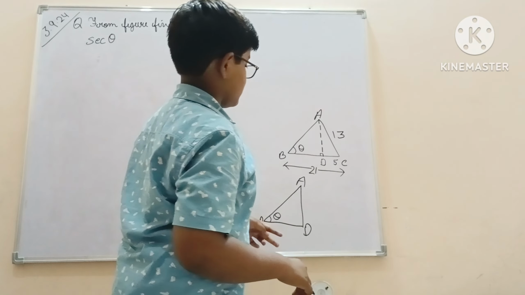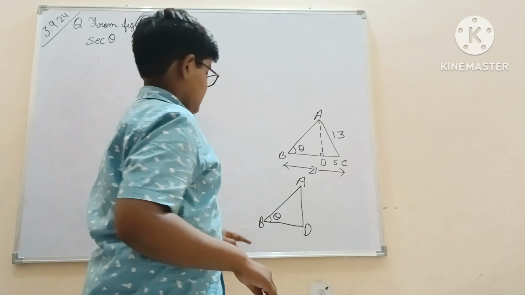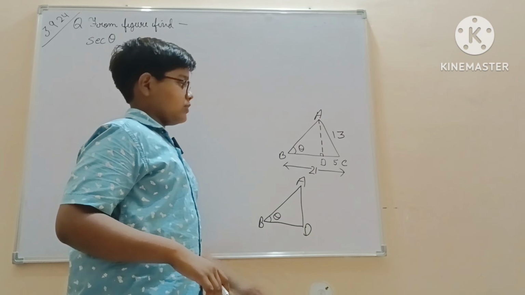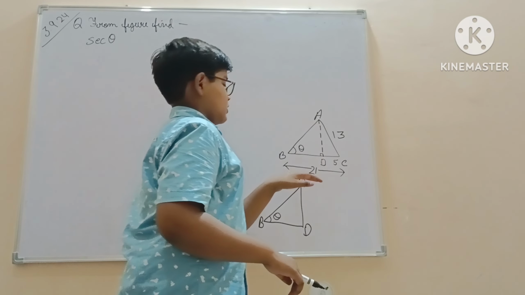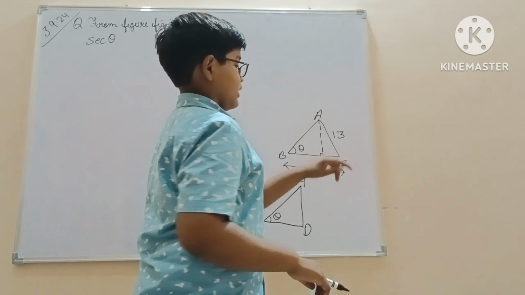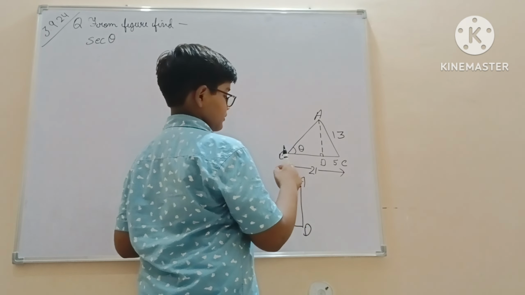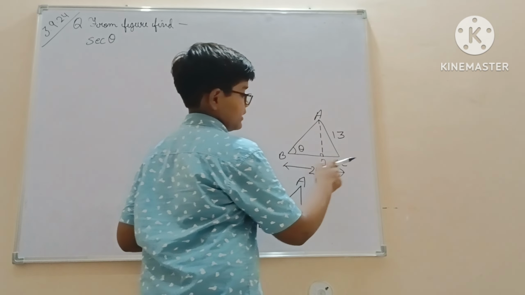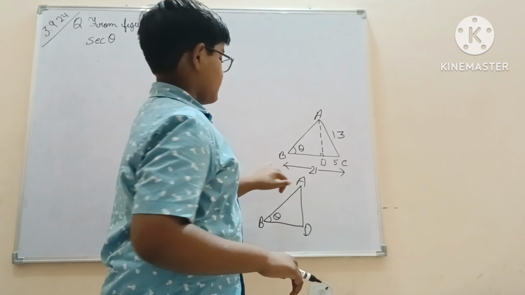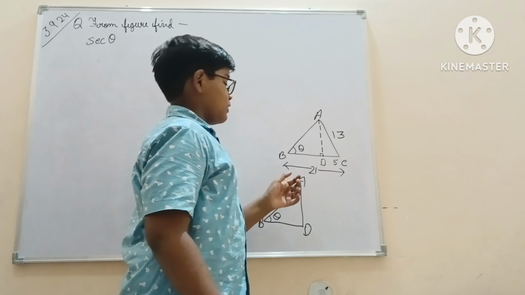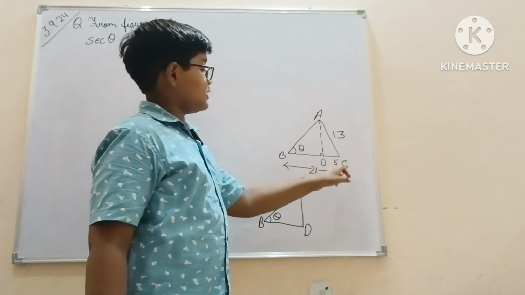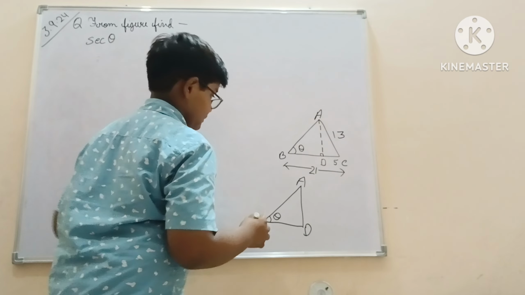Now AD does not have a value, AB also does not have a value, and BD also does not have a value. So we will take out the values from the whole triangle. It says that BC is equal to 21 and DC is equal to 5. So in order to find the value of BD, we have to subtract DC from BC.